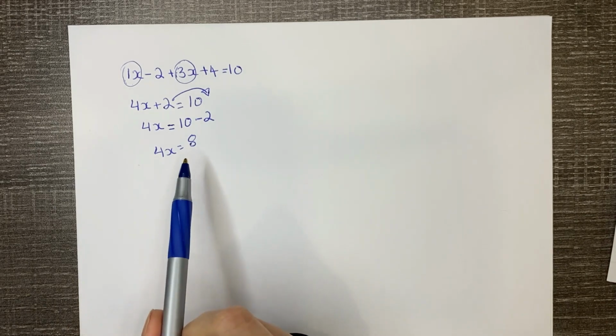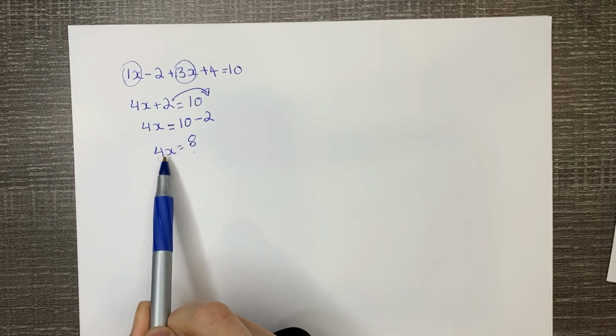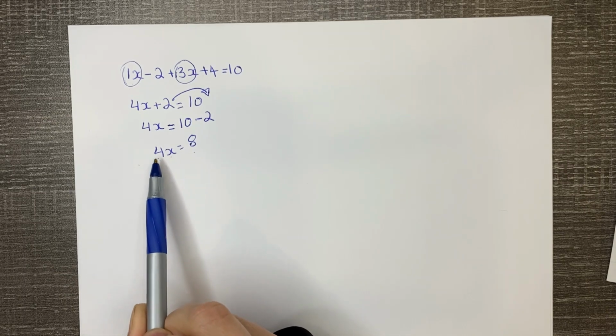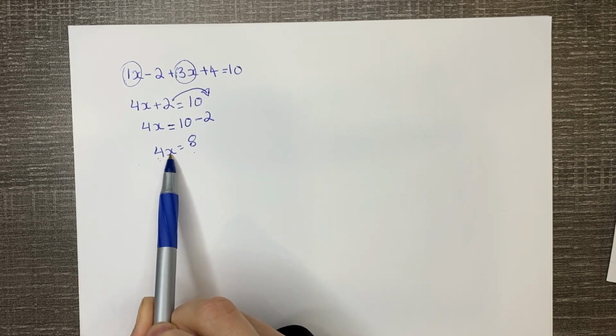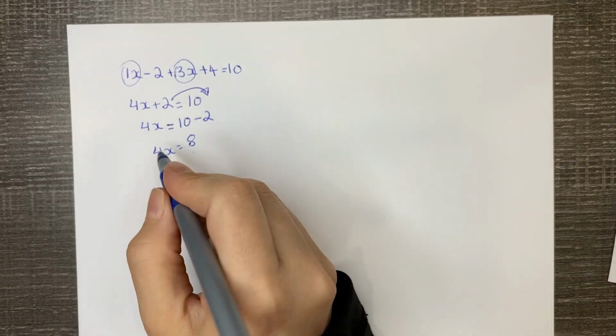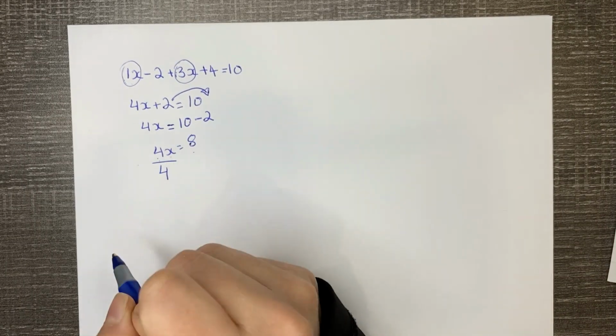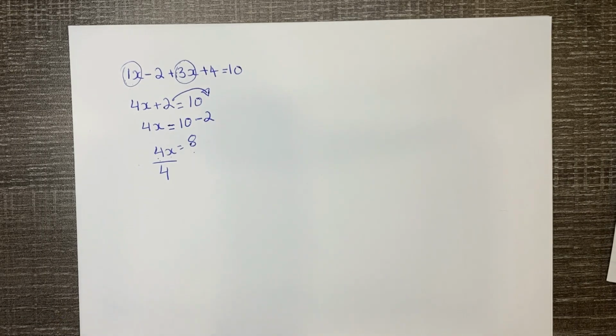Now, we know 8 is the value for 4 times x. We're trying to isolate for only 1x. So our goal is to make the coefficient of the x 1, because we want to know the value of 1x, not 4 x's. And we can do that by dividing by 4. Because once you divide by 4, 4 divided by 4 is 1. We're going to go back to having 1x.